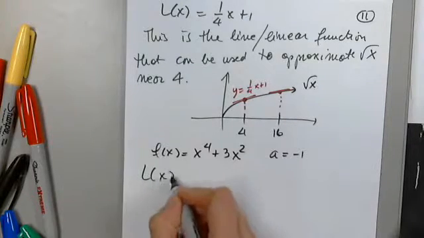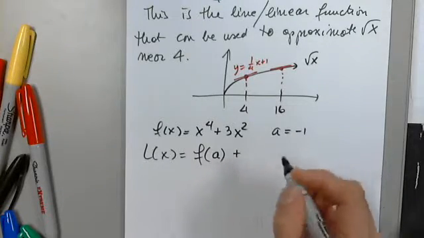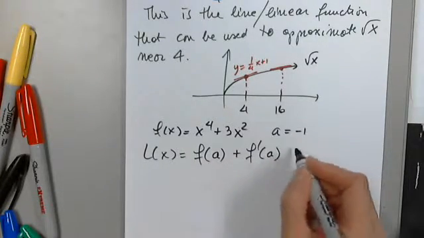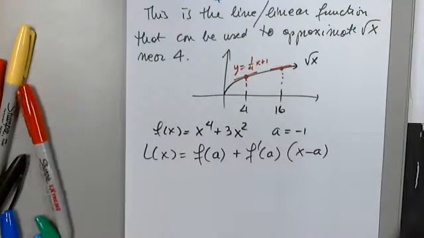I write L of x, which is f of a plus f prime of a. Very good. And this comes from using the point slope form for the point that we have, a comma f of a, and the given slope, f prime of a.